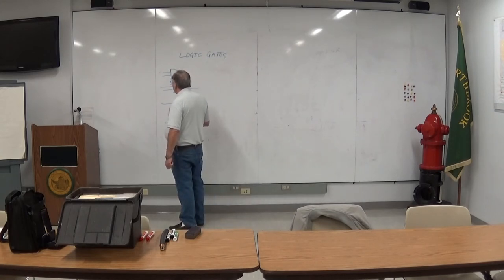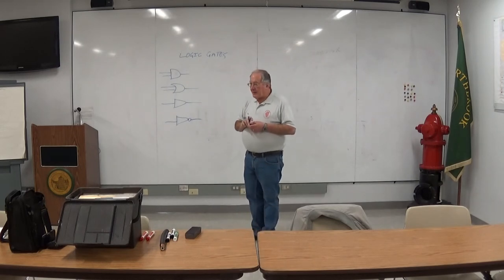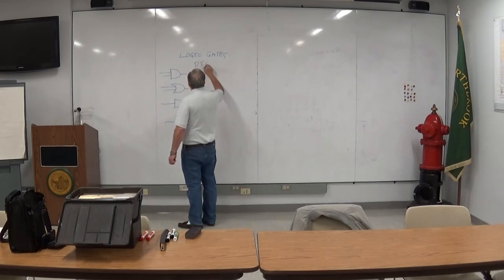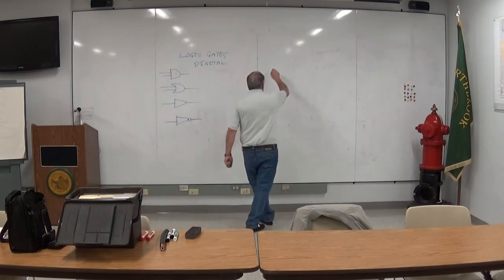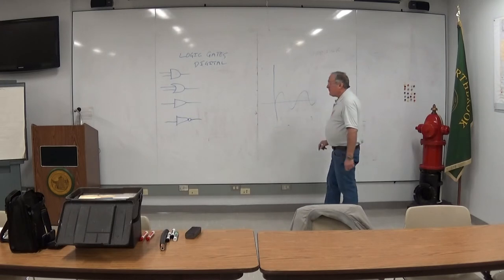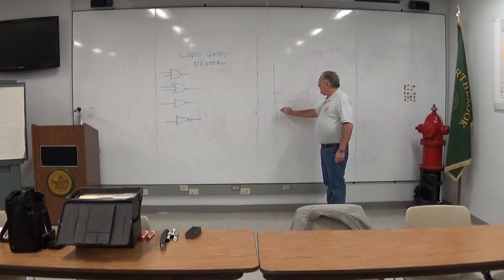When we talk about logic, we're not talking about analog, we're talking about something called digital. These are in the digital realm. In an analog realm, I'm looking at signals that vary all over the map between some maximum positive and some maximum negative value.